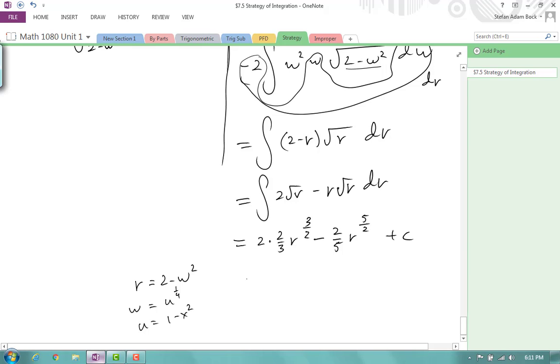Which means this is equal to 4/3 times r, which is 2 minus the square root of 1 minus x squared to the 3/2, minus 2/5 times 2 minus the square root of 1 minus x squared to the 5/2, and there's supposed to be a plus c fitting in there.